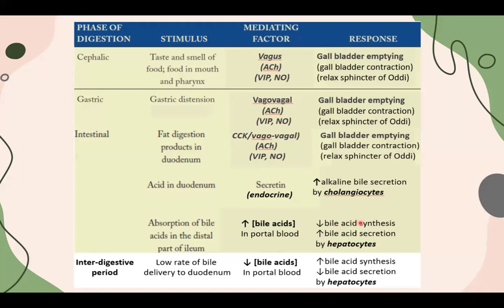Okay. Now similarly, when we have low bile acid in the portal blood, the opposite would happen. We'd have increased bile acid synthesis, which means we'd have an increase in 7-alpha hydroxylation, and then we'd have a decrease in bile acid secretion, so we'd have less activity of BSEP. Do you guys have any questions?